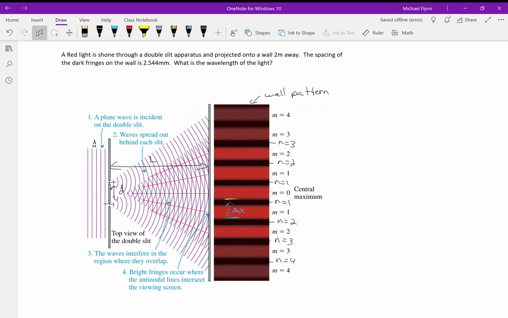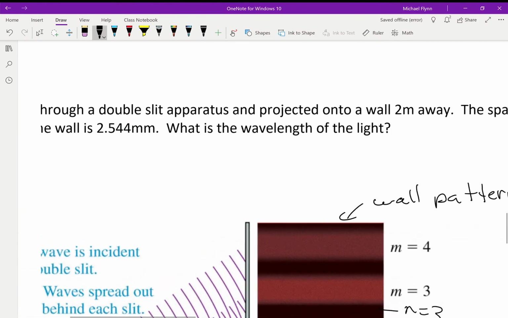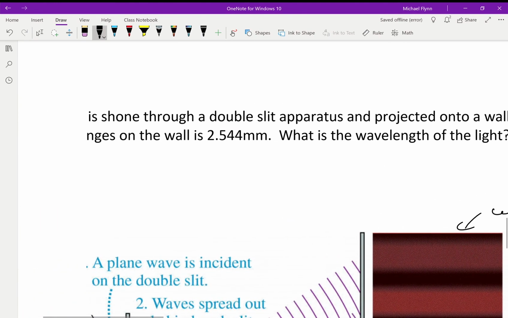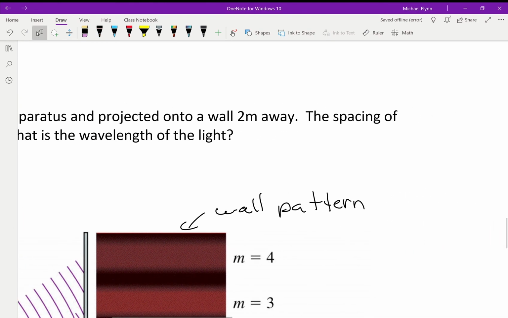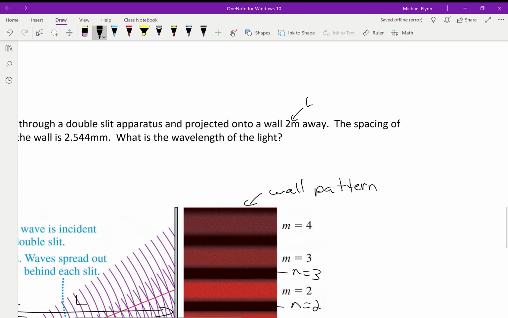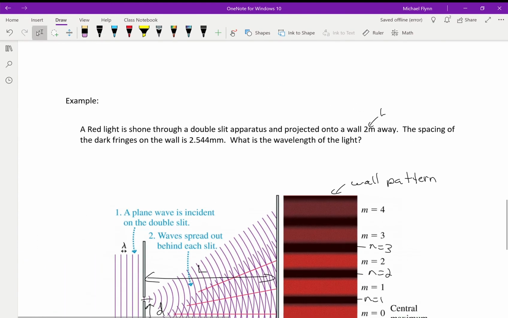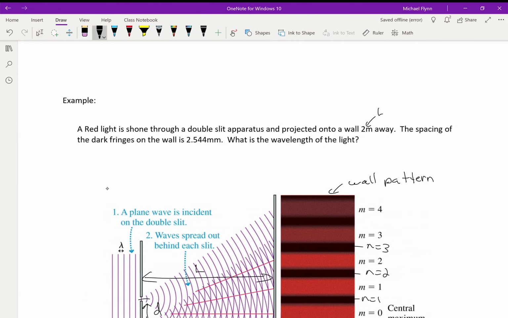Okay, now we use our data here. Let's solve the problem. Let's find the wavelength of this red light. So I'm just going to write down the given information. First, I'll zoom in on the question: light is shone through a double slit and projected onto a wall 2 meters away. So 2 meters away, that's L. The spacing of the dark fringes on the wall is 2.544 millimeters.